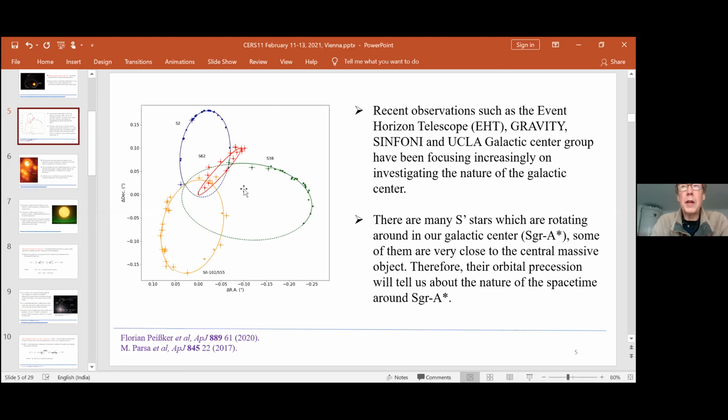I just wanted to ask, what is known about the spin of the central object, this Sagittarius A star? When this Event Horizon Telescope data or observation comes around, will that also give some estimate of the rotation? It's certainly not Schwarzschild at Sagittarius A star.